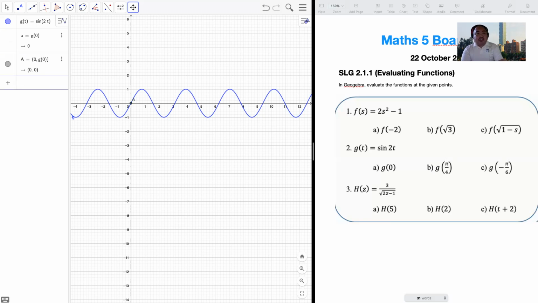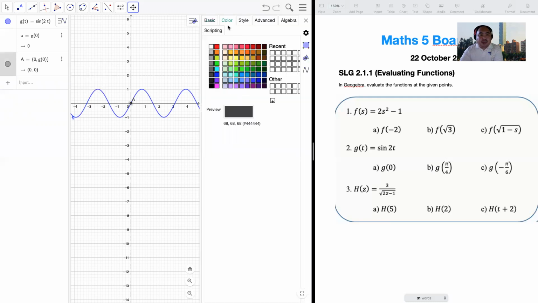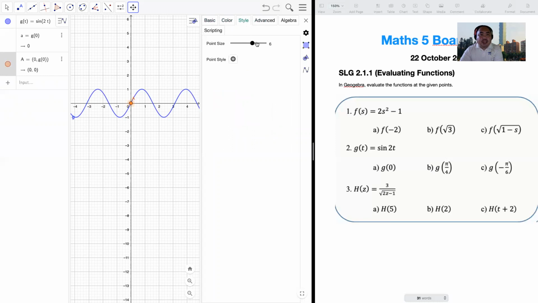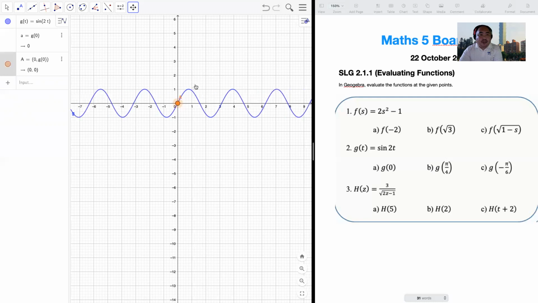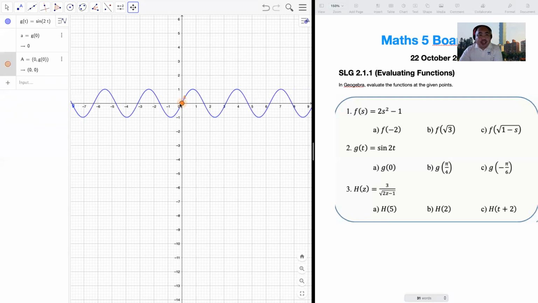And you will see that your GeoGebra, let me just highlight that, is able to point to you in the graph that at 0, g of 0 is indeed 0.